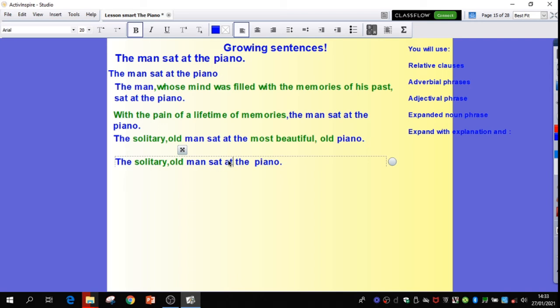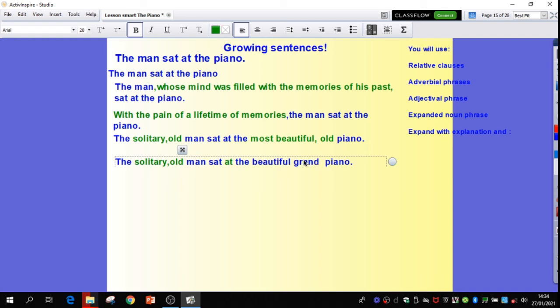So the old man sat at, I can make that green, because that becomes part of it, at the beautiful grand piano.